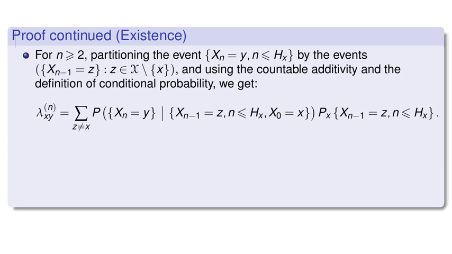Using countable additivity and the definition of conditional probability, we get lambda sub xy superscript n equals the sum over z not equal to x of the probability of X_n equals y given X_{n-1} equals z, n is less than or equal to h sub x and X_{n-1} not equal to x, all multiplied by the probability P sub x of X_{n-1} equals z, and n is less than or equal to h sub x.